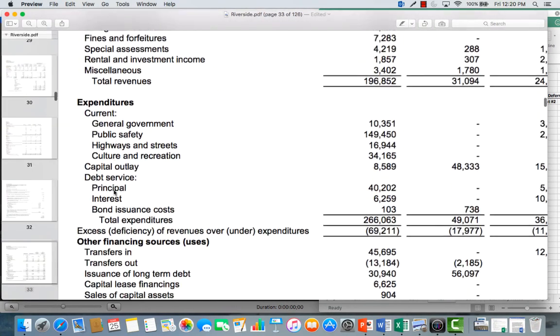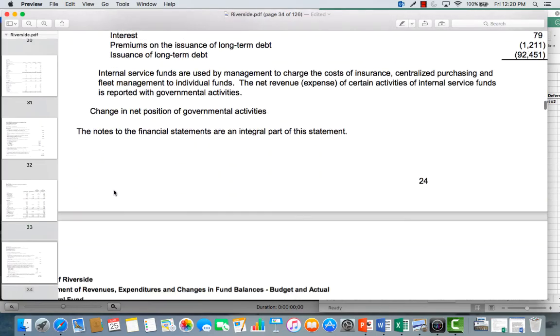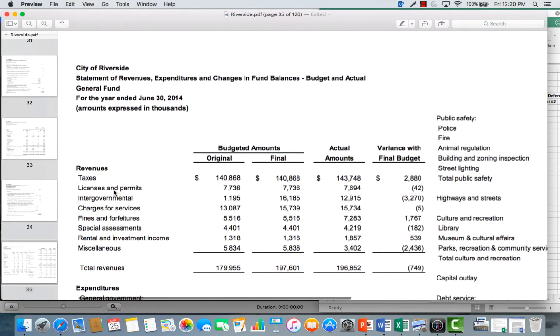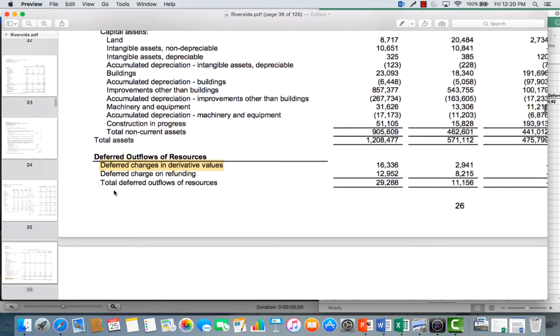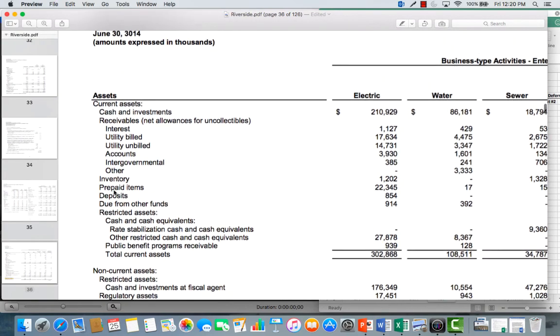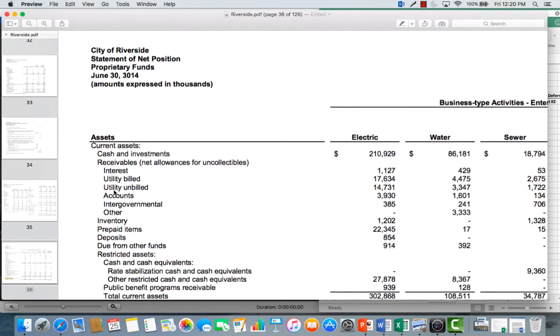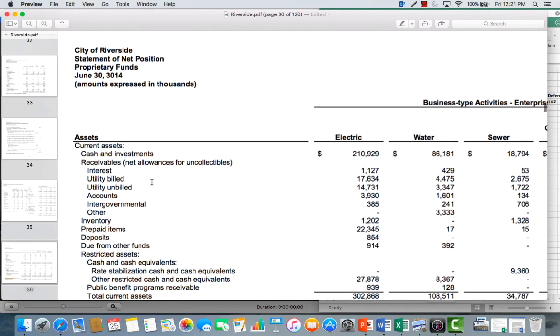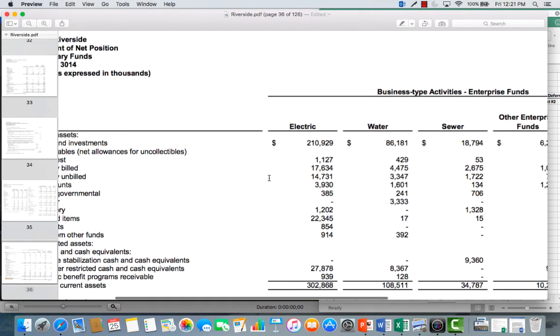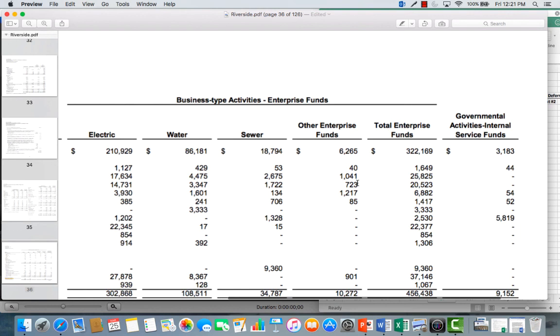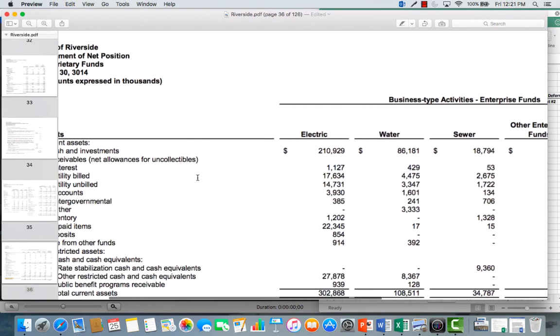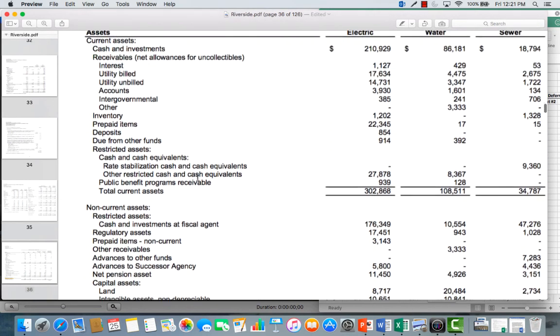We're not going to look at the governmental funds because at present there's no reporting of derivatives in the governmental funds, but there is, under the accrual basis in the proprietary fund financial statements, and you can see that most of these are the enterprise funds, which are the same as the business type activities. All the internal service funds are aggregated in a single column on the right-hand side. So let's look down here.